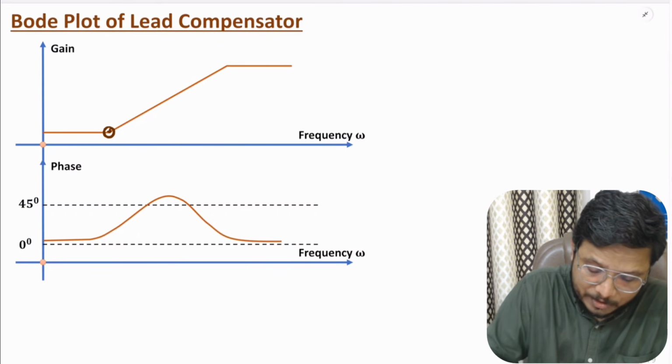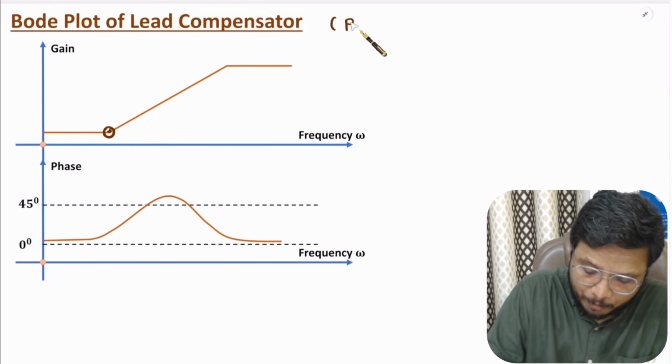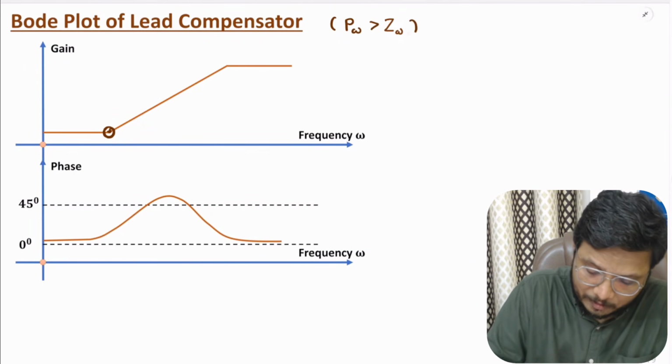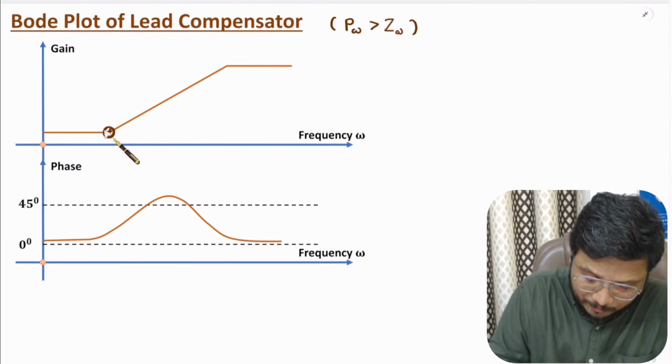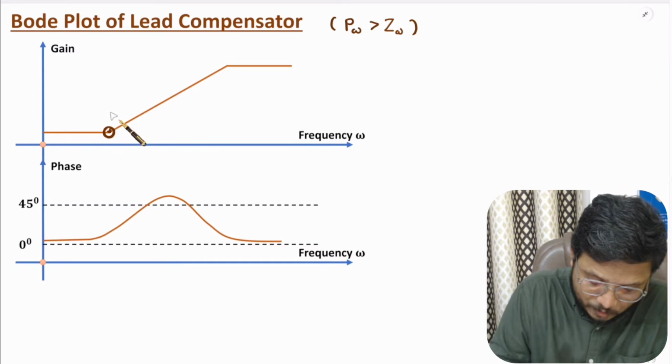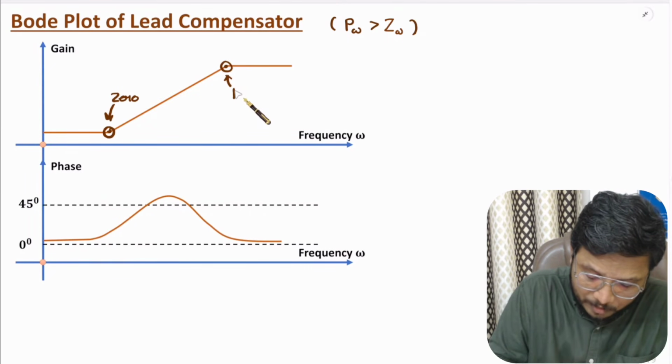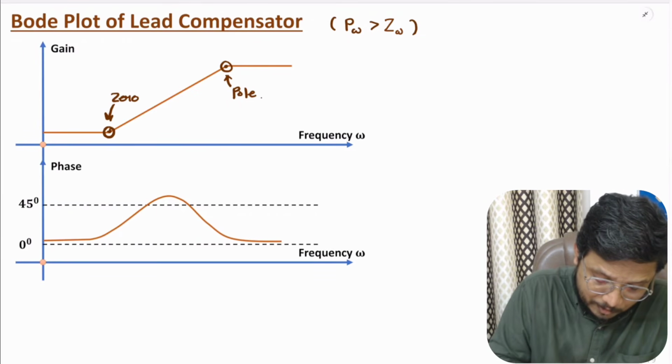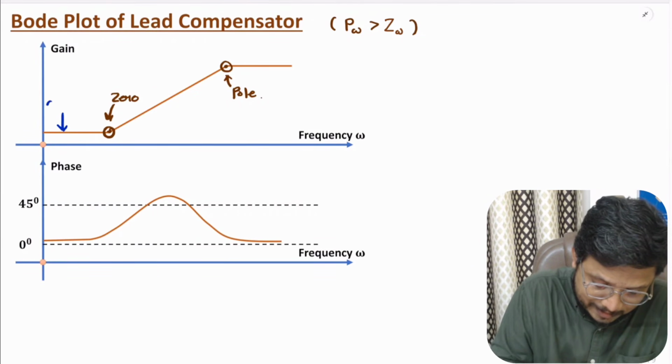And in a lead compensator, the frequency of the pole should be greater than the frequency of the zero, right? So here we have the lower frequency, which is associated with the zero, and here we have the corner frequency associated with the pole. Now if you observe, here we have a slope of 0 dB per decade.